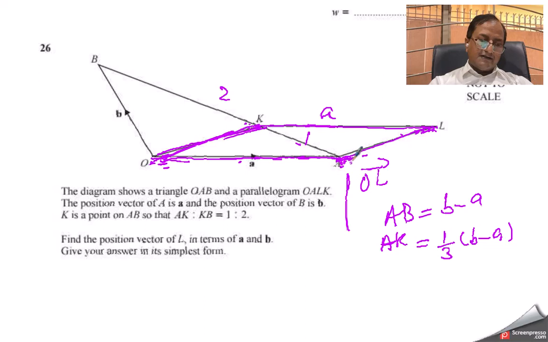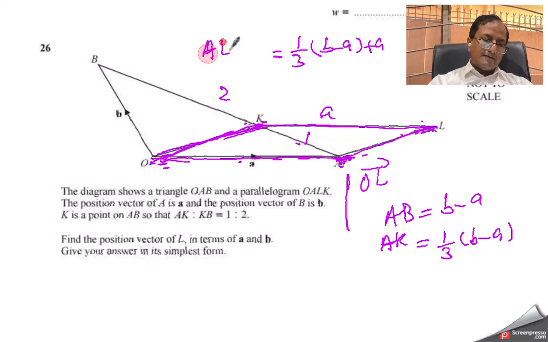AL is basically AK plus KL, so we have AL equals 1/3 of (b minus a) plus a.